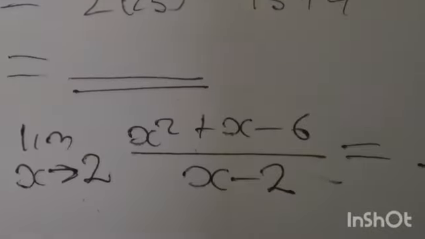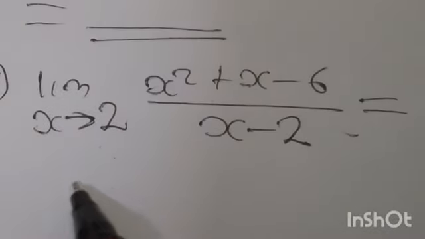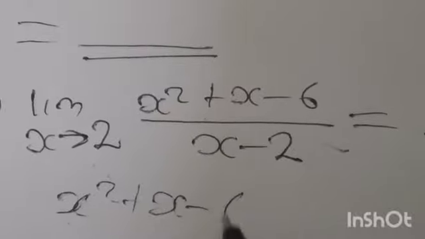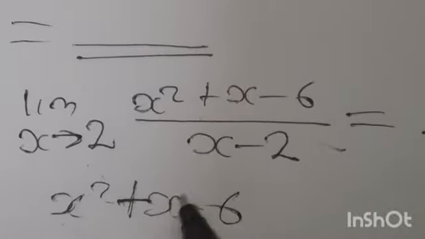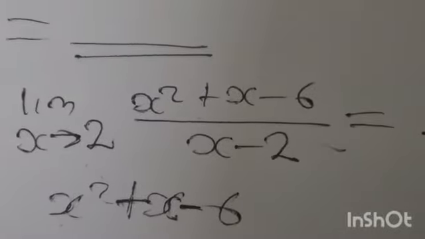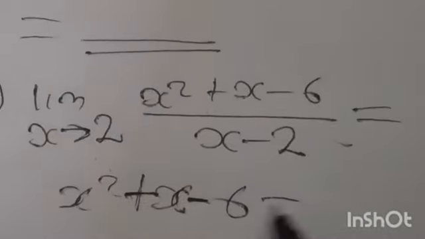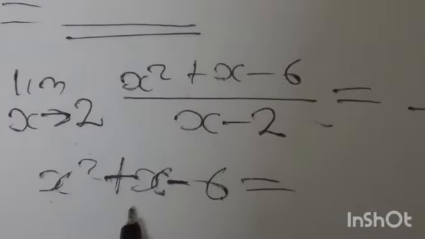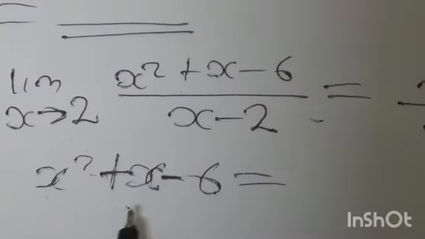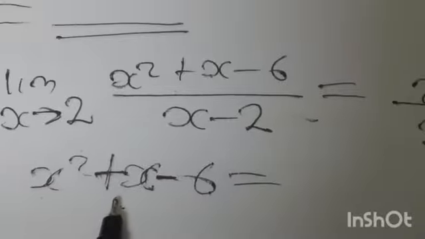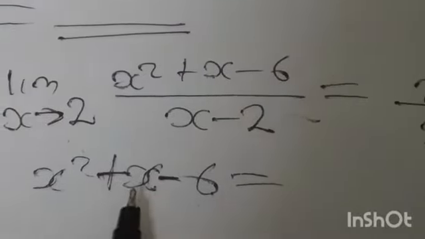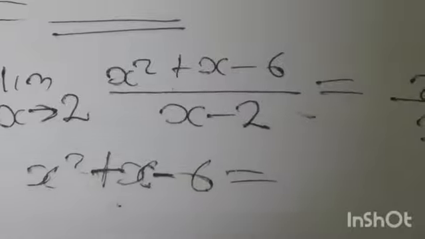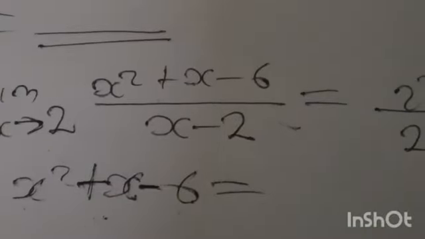So we have x squared plus x minus 6. When factorizing, the product is -6 and the sum is +1. Which two factors will give you -6 when you multiply, but 1 when you add them? You will see that it's -2 and +3. So we just replace here.